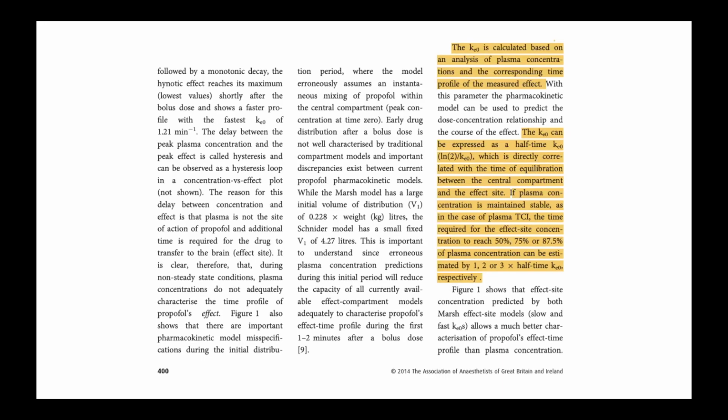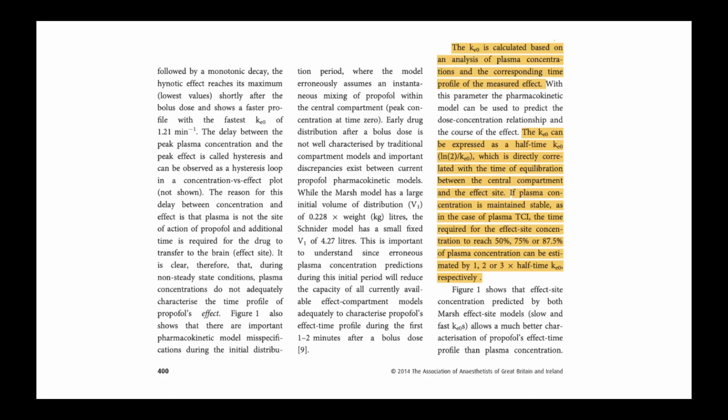The KEO is calculated based on analysis of plasma concentrations and the corresponding time profile of the measured effect. The KEO can be expressed as a half-time KEO. So that's the natural log of 2 divided by the elimination rate constant, or KEO, will equal your T1/2 KEO, which is directly correlated with the time of equilibration between the central compartment and the effect site.